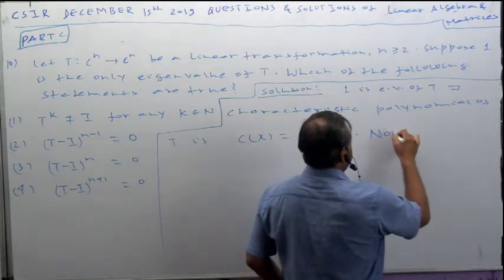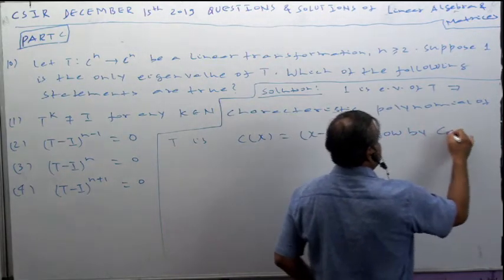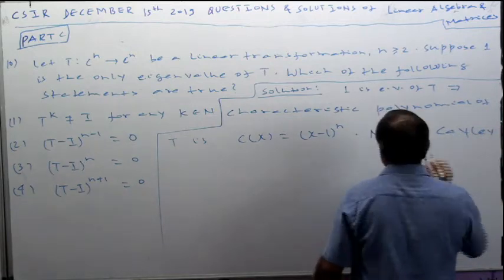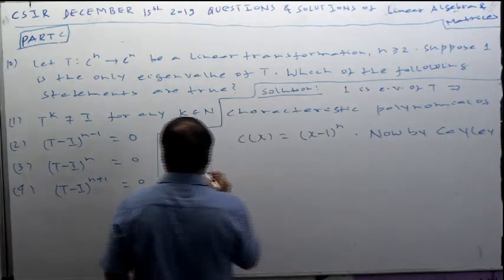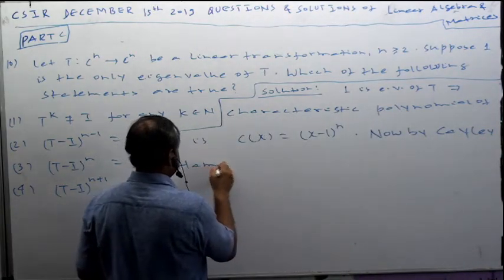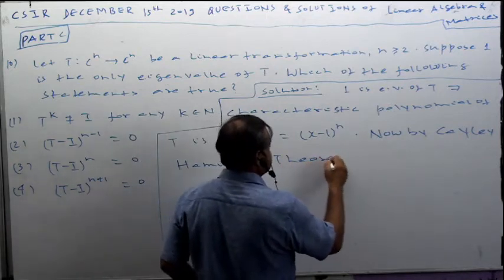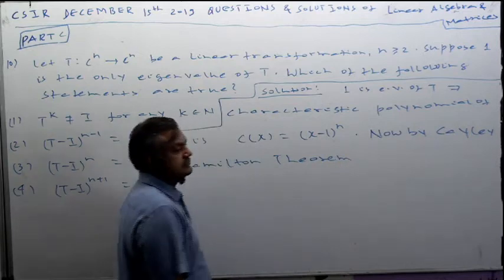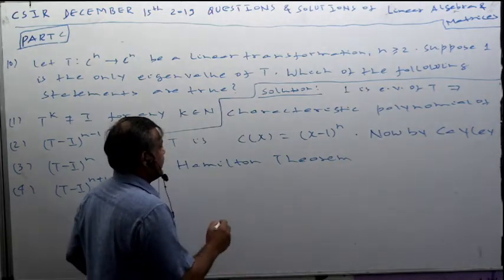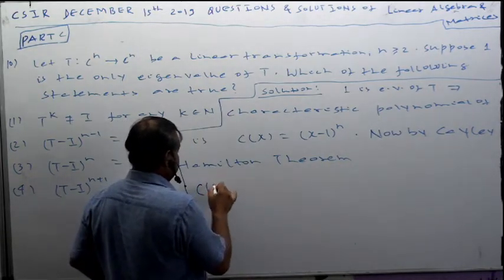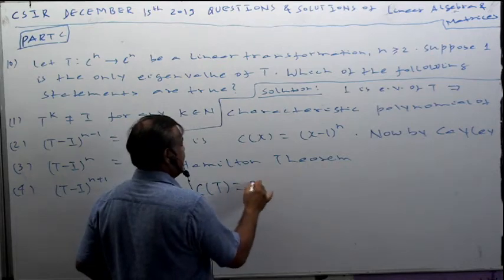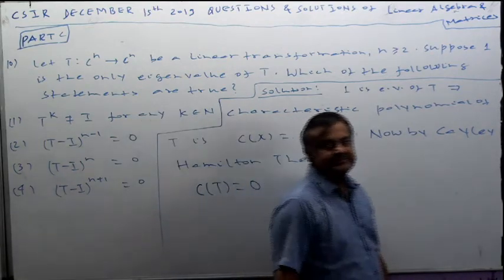Now, by the Cayley-Hamilton theorem, C(T) will be the null matrix. Are you happy?